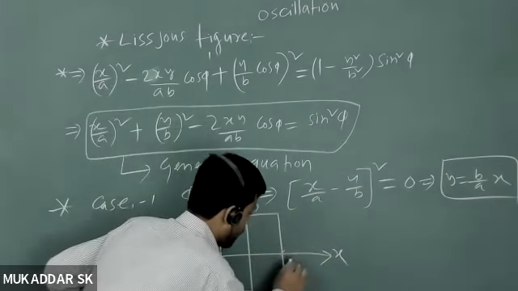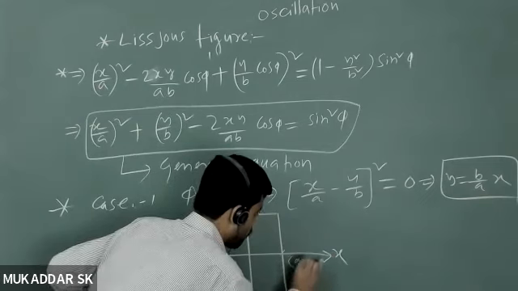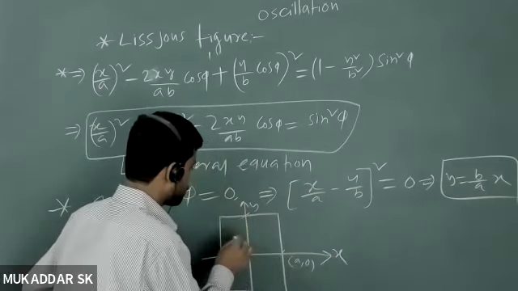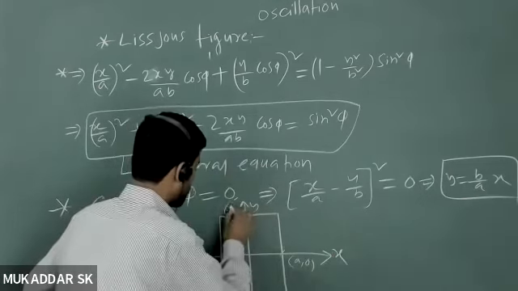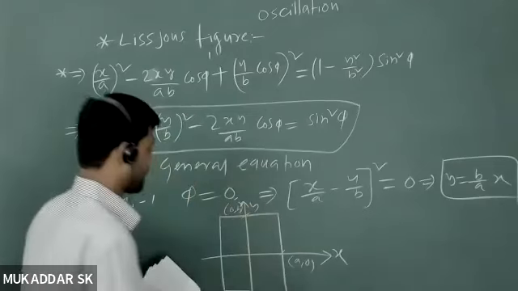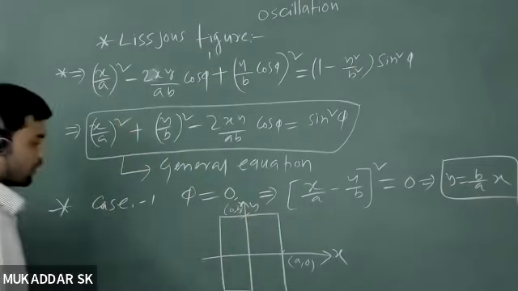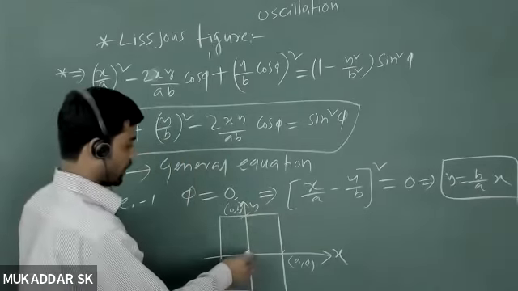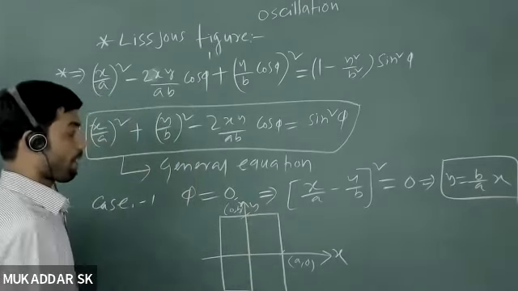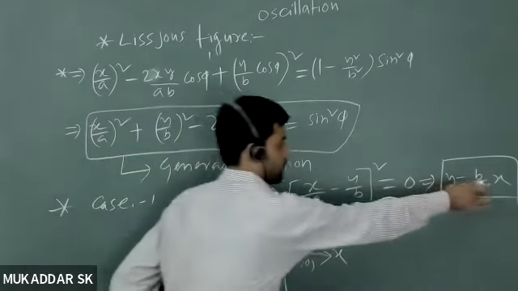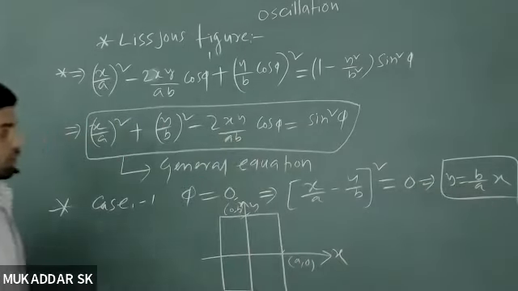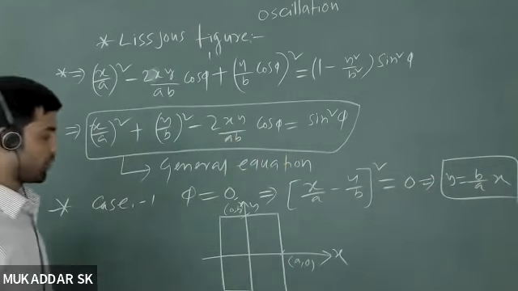A. So this point corresponds to (A, 0). This point corresponds to (0, B), right? Because when x equals 0, what will y equal? 0, right? In this equation, if x equals 0, then y should equal 0.